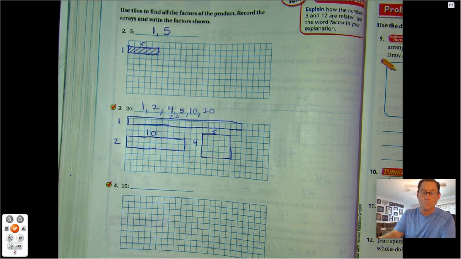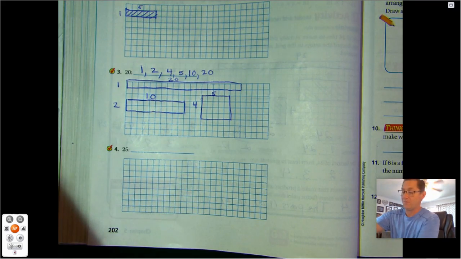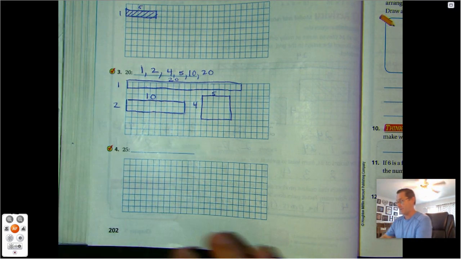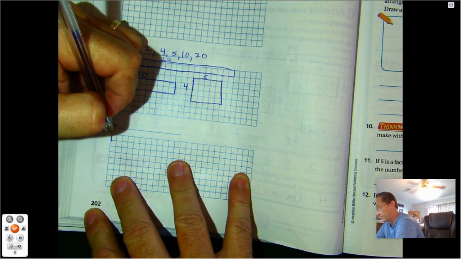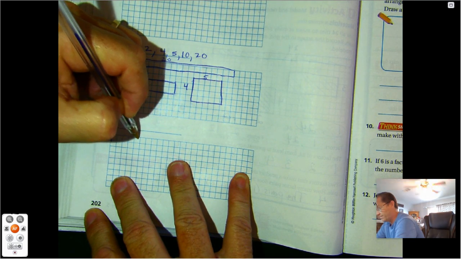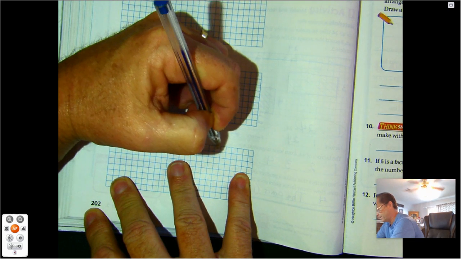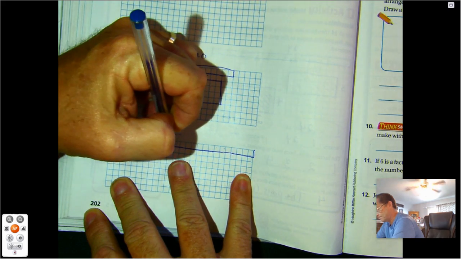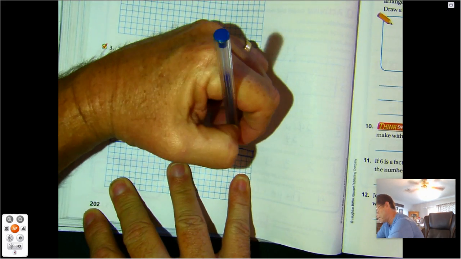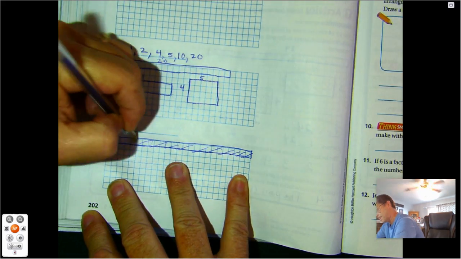Okay, let's try 25. So we had 24 to start, so let's do 25. And again, we know 1 and a row of 25 would definitely work. 5, 10, 15, 20, 25. Will 2 work?